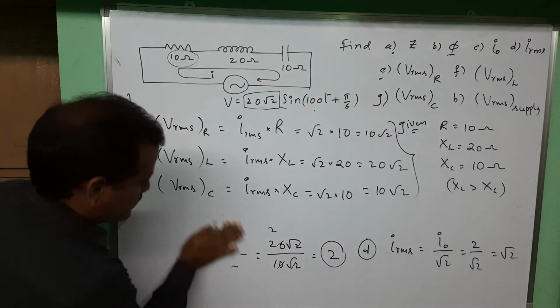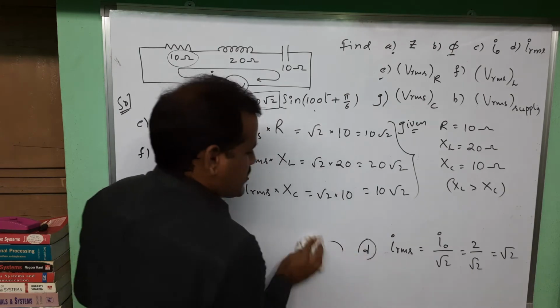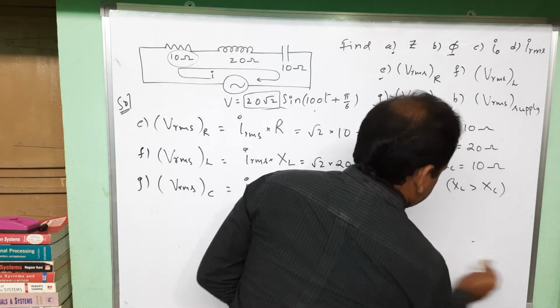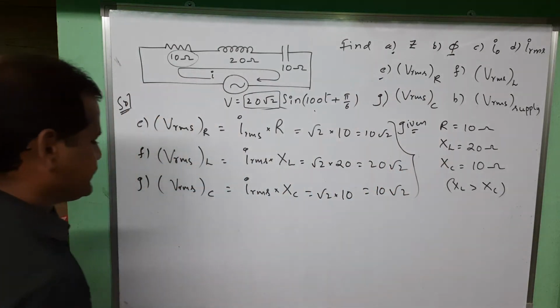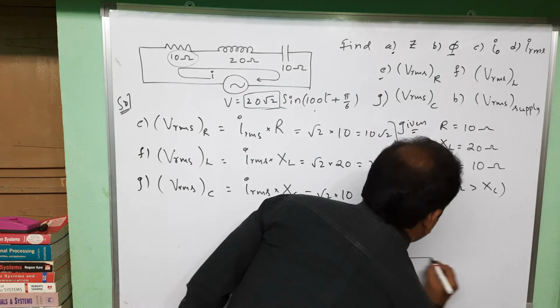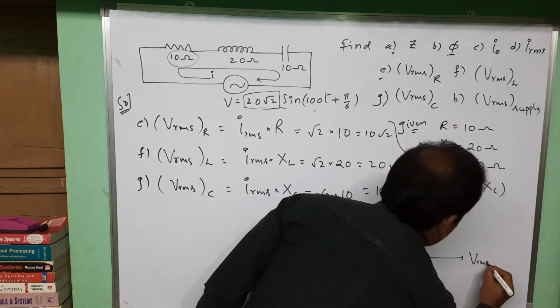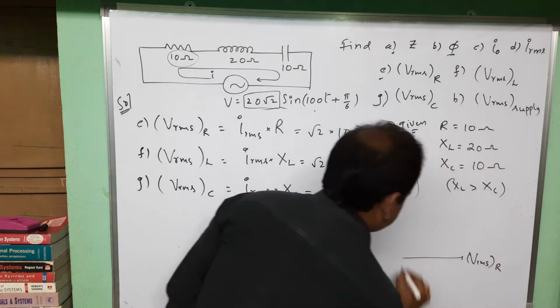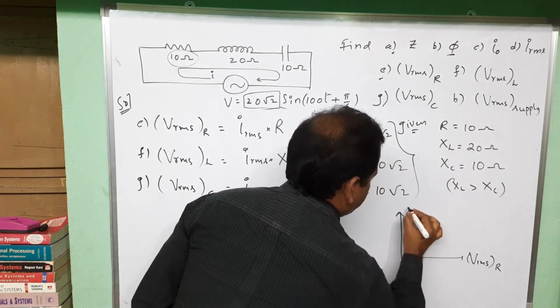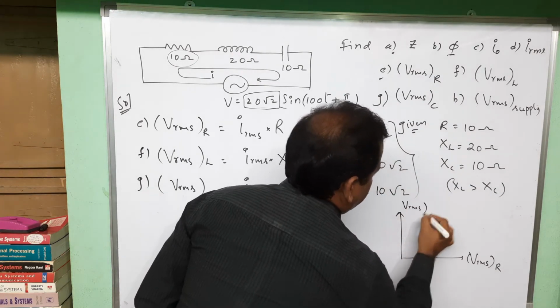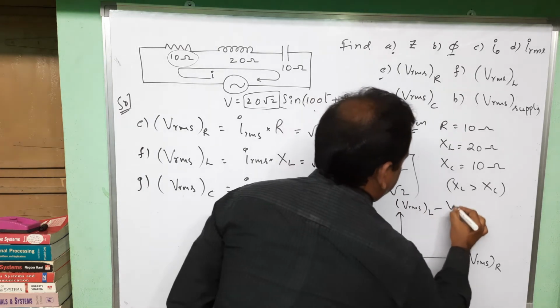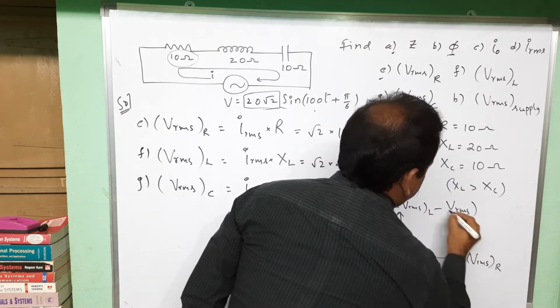For that, let us consider the phasor diagram of these RMS voltages. That is, the RMS value of the voltage across the resistor, and here VRMS in inductor minus VRMS in capacitor.